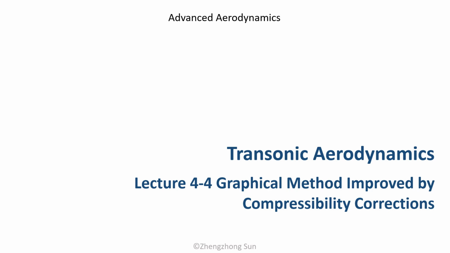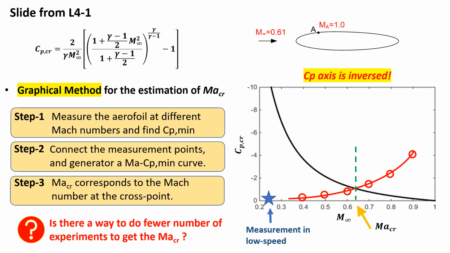And we've derived the compressibility corrections. Now we are using the derived compressibility correction methods and implementing them into the graphical method to calculate the critical Mach number. Okay, so this is from the previous slide.